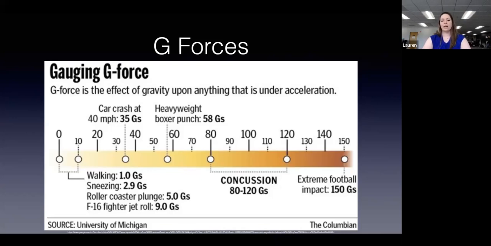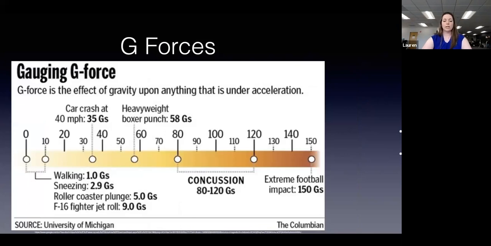Average football impacts are around 100 Gs, but some of the harder impacts are nearing the 150 mark. So it's an incredible amount of force that the brain gets put under. It just helps to put into perspective what's going on.